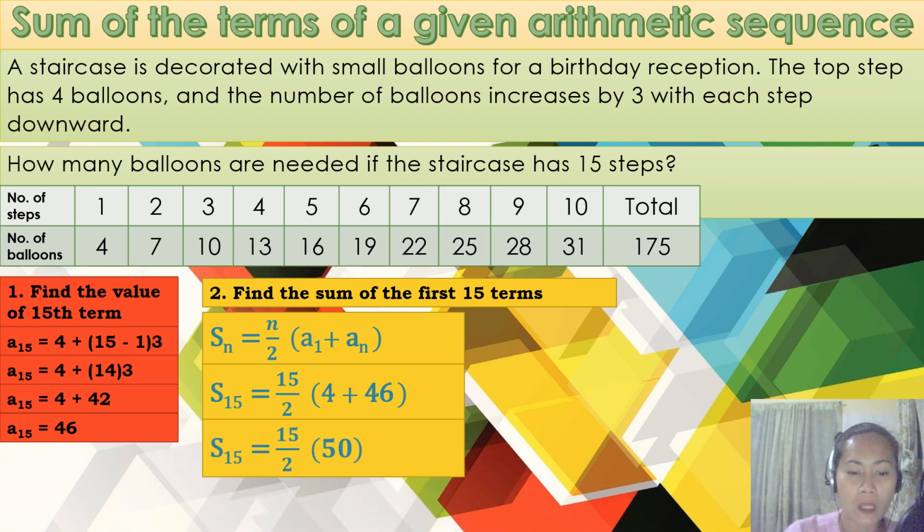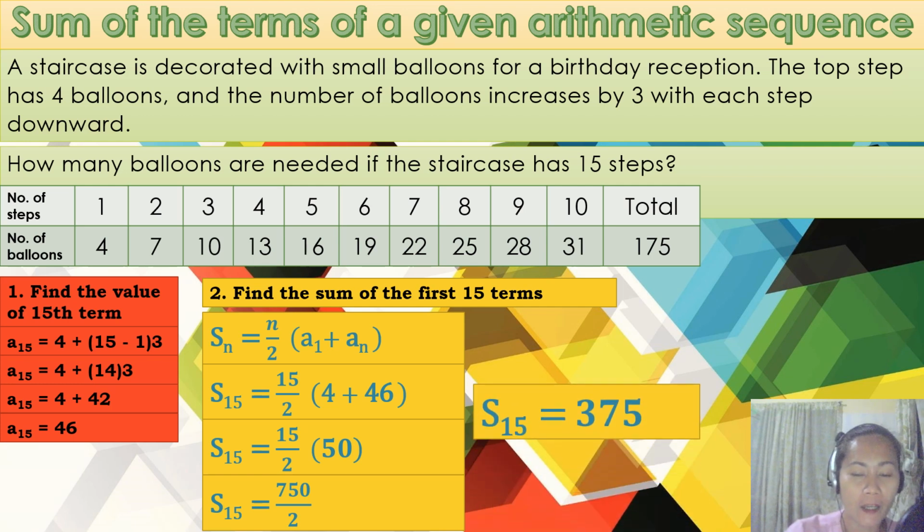S sub 15 equals 15 over 2 times 50. Then we get 750 divided by 2. The final answer is 375. So, we need 375 balloons for the decoration of a staircase with 15 steps.